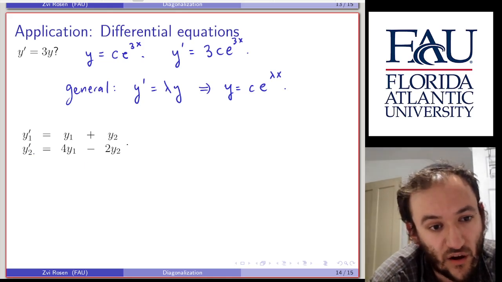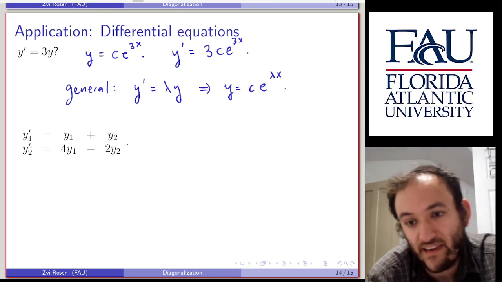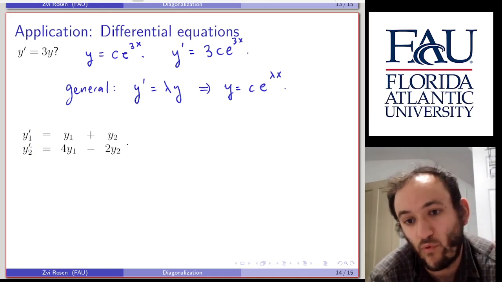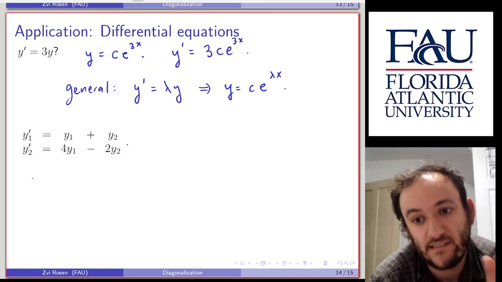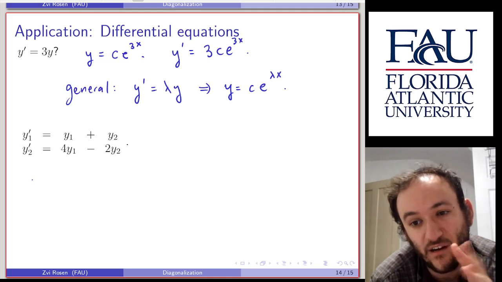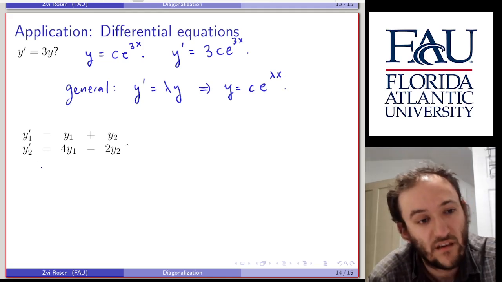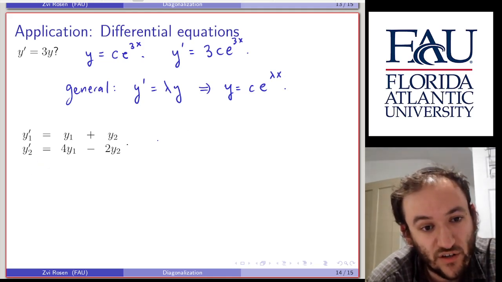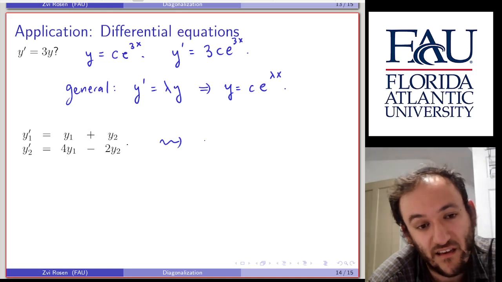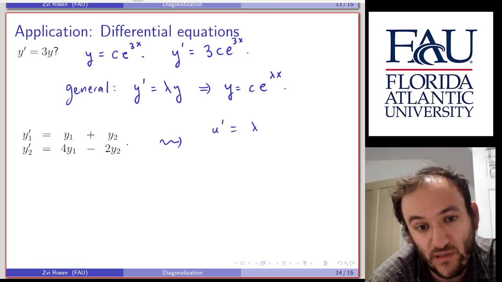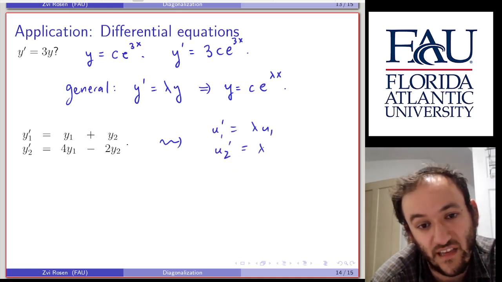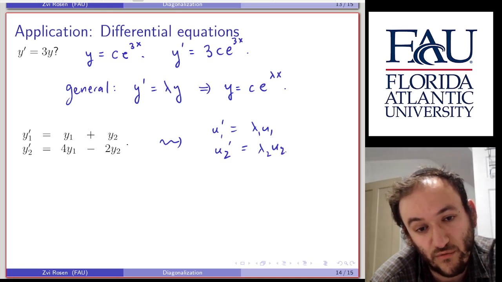This is a little harder to work with because nothing is a constant. You don't have anything of the form y prime equals constant times y. Now it's a linear combination of these other things. Well, we're going to try to turn this into something that looks like u prime equals lambda u. Okay, or specifically u1 prime equals lambda 1 u1 and u2 prime equals lambda 2 u2.